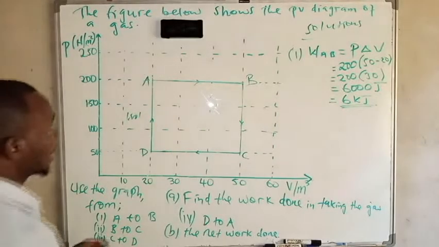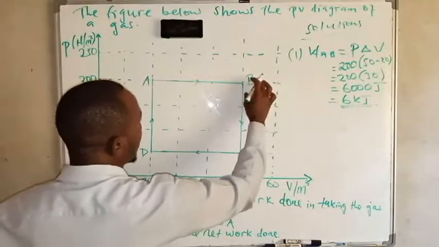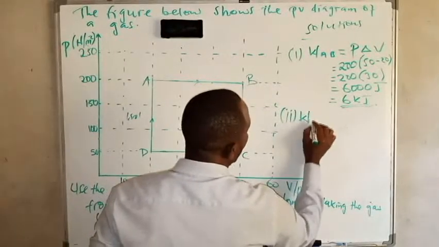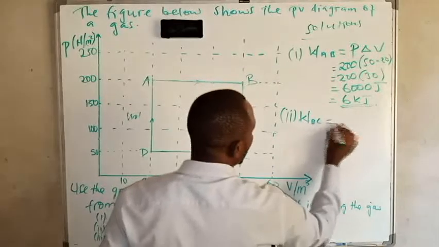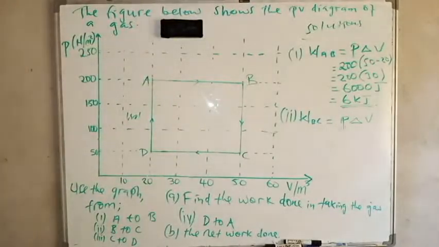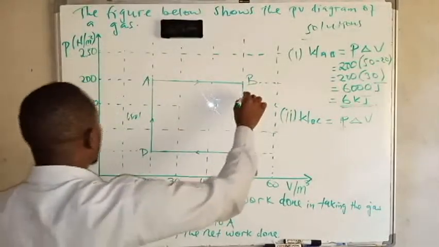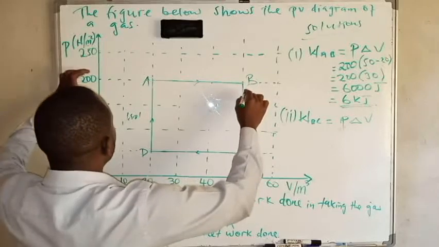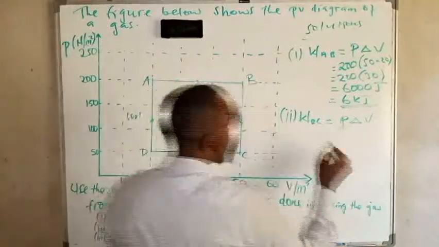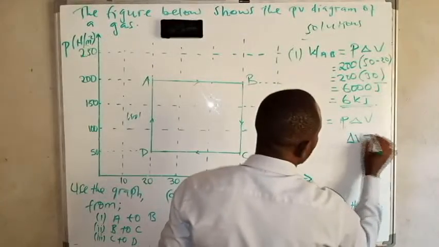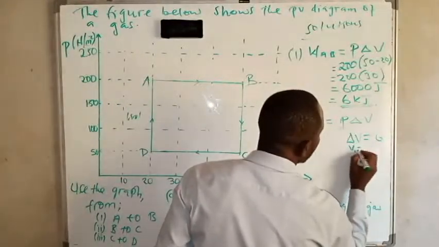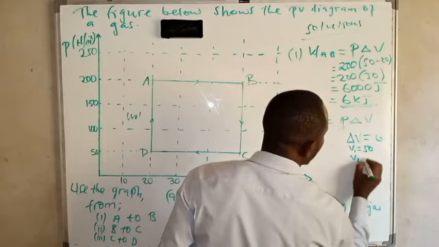For the second part, the work done in moving from B to C, we have P delta V. The pressure is changing from 200 to 50, but the volume stays the same, so the change in volume is equal to 0, because V1 is equal to 50 and V2 is equal to 50.